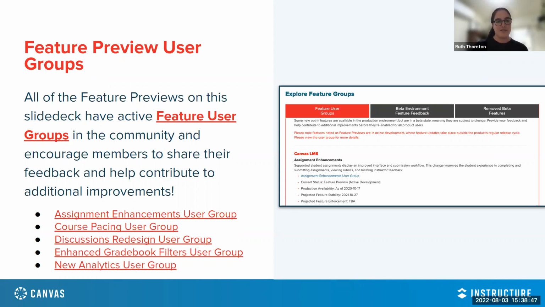I'm going to be covering off on the why behind course pacing, assignment enhancements, and discussion redesign. And the team will also be talking a little bit more about how you can turn these on and leverage them within your instance, and why you should get involved, the types of use cases and the value that these different functionalities can bring. So please do dive into the community and read up more on these. These are your dedicated spaces to provide that feedback and get involved in how you shape where our product goes. We'd love to hear from you.